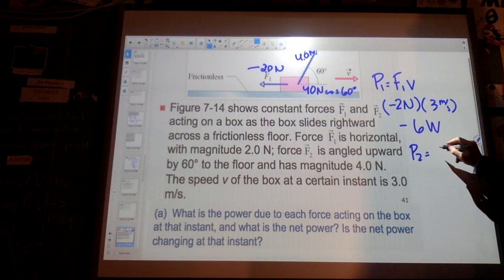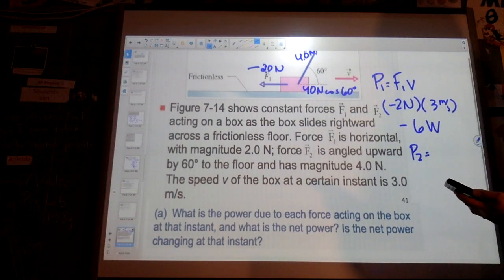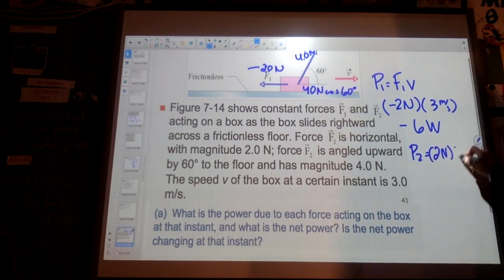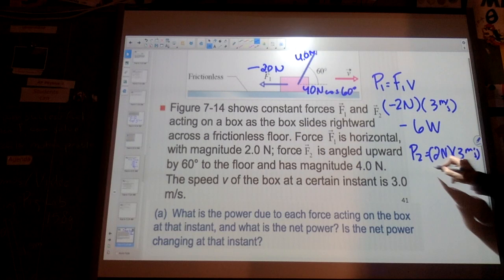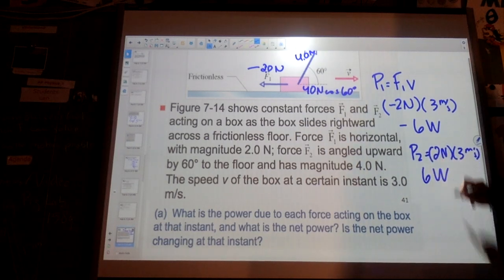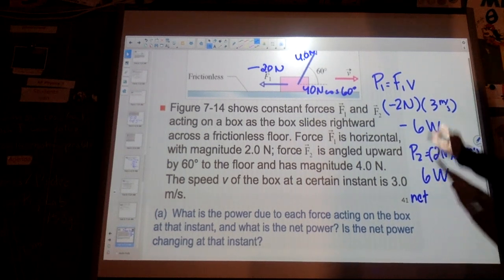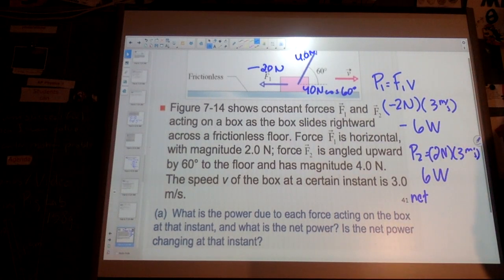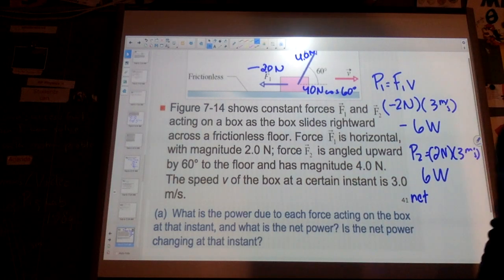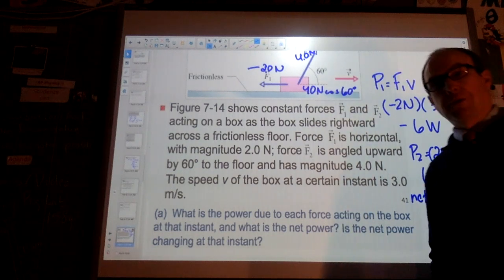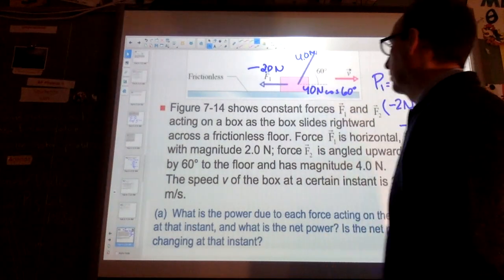P2 is going to be the 4 cosine 60, which is positive 2 newtons, times 3 meters per second, which is positive 6 watts. So our net would be the sum of the two, which is 0. It wouldn't be changing because the net force is 0 in that direction, so the velocity is not changing.